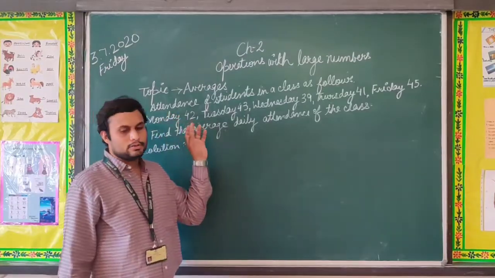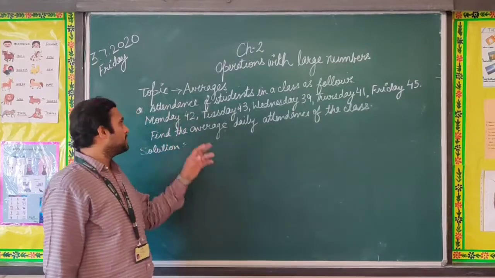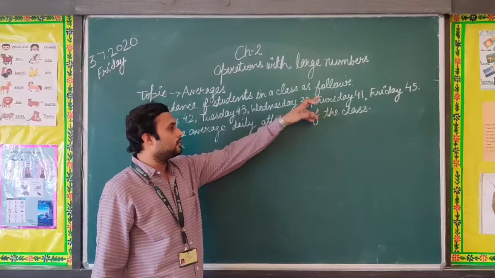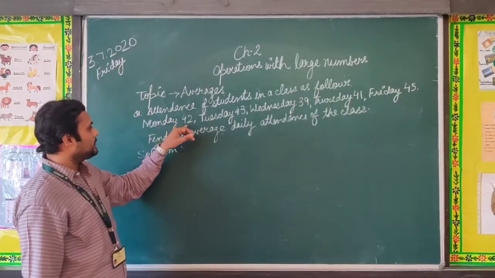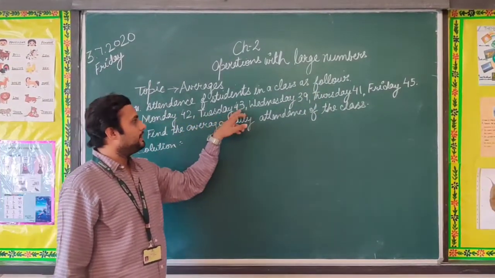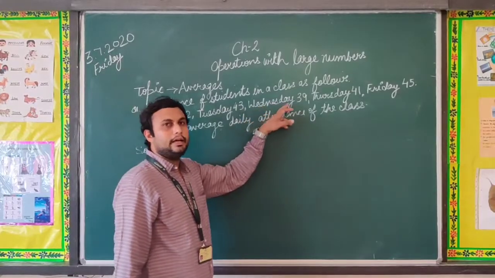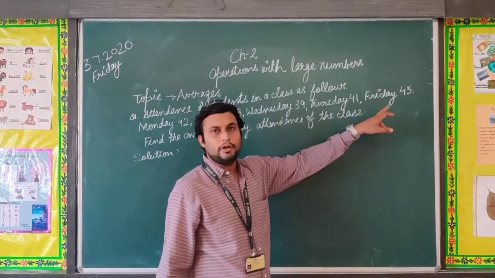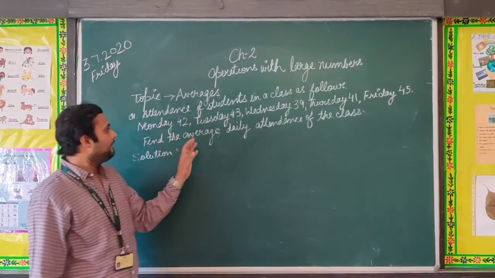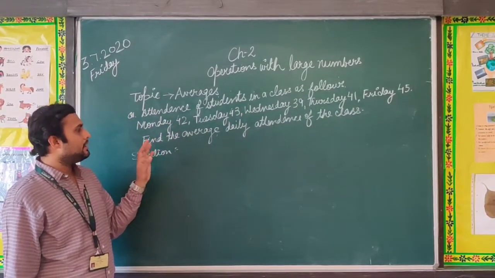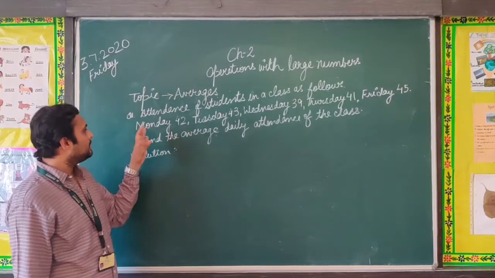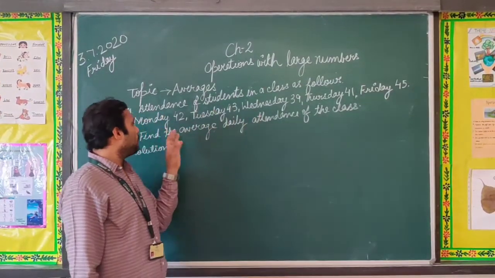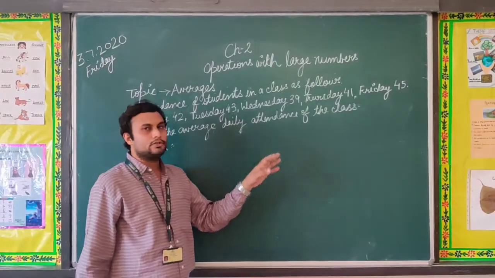This is our exercise question, exercise 2.9, question number 1. Attendance of students in a class is as follows: Monday 42, Tuesday 43, Wednesday 39, Thursday 41 and Friday 45. Now 5 days are there and the attendance of the class is given. Find the average daily attendance of the class.